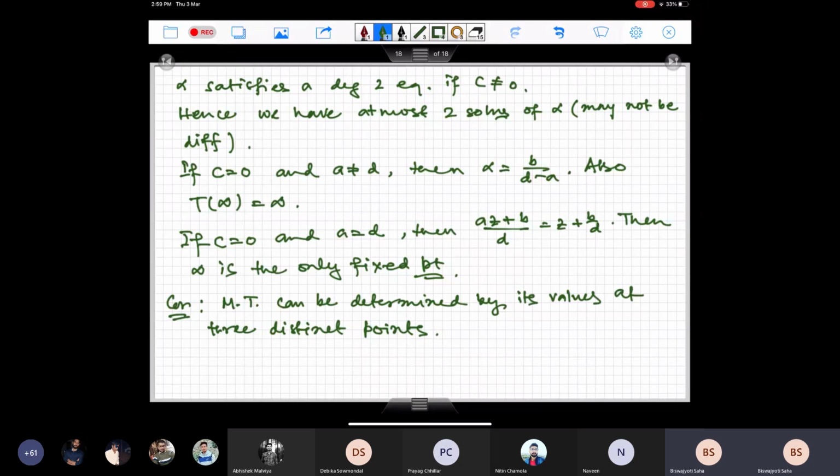Remember, Mobius transformations are invertible. That is a key important point that we need over here. So there is going to be a unique Mobius transformation once you specify the values at three distinct points.